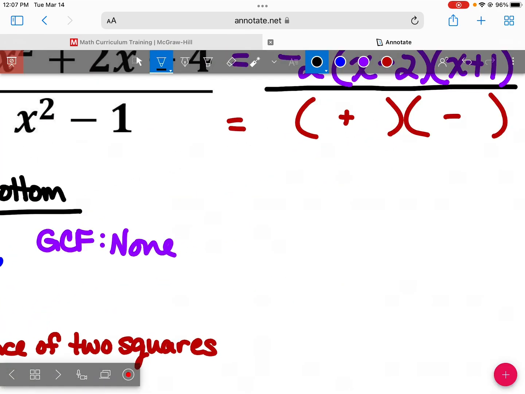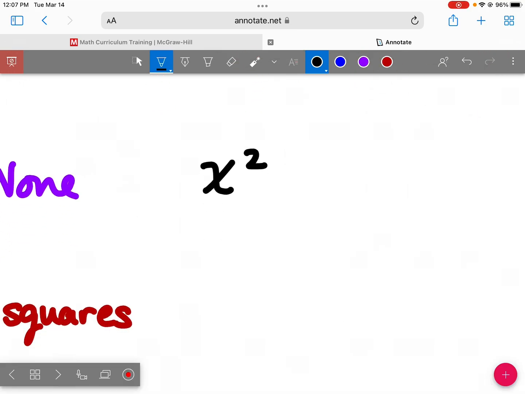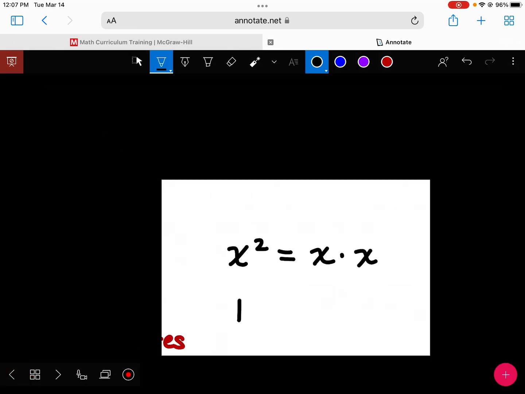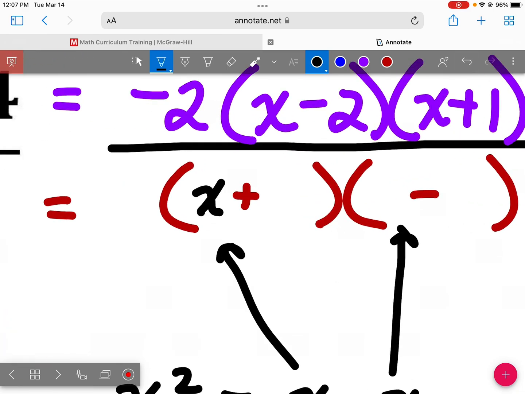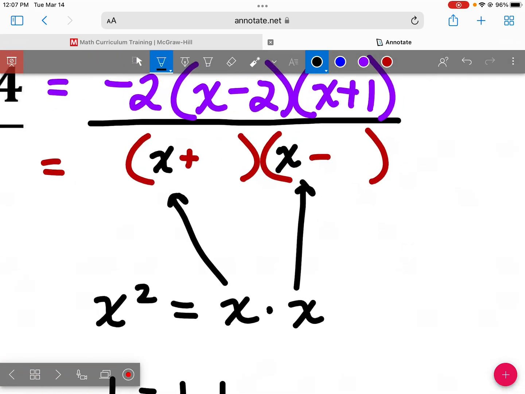All right, so now I got to come up with these factors. I've got an x squared. Yep. X squared is x times x. So each of these gets an x. What times itself gives me 1? 1. 1 times 1.